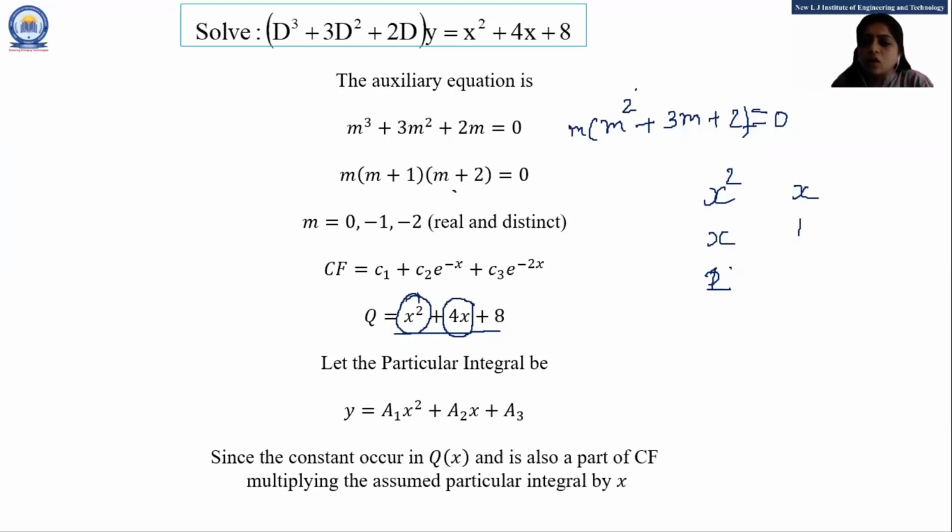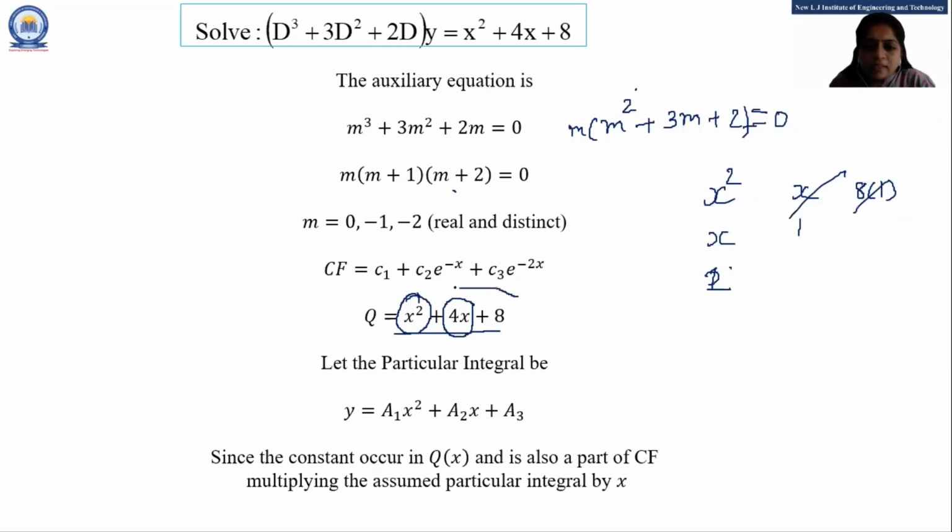And 8 is a constant, so in that family there is only one member, and that is 1. So if I put all family members of the right hand side, my particular integral is x square, x and 1. This x is already here and this constant term is already here, so no need to write them again.